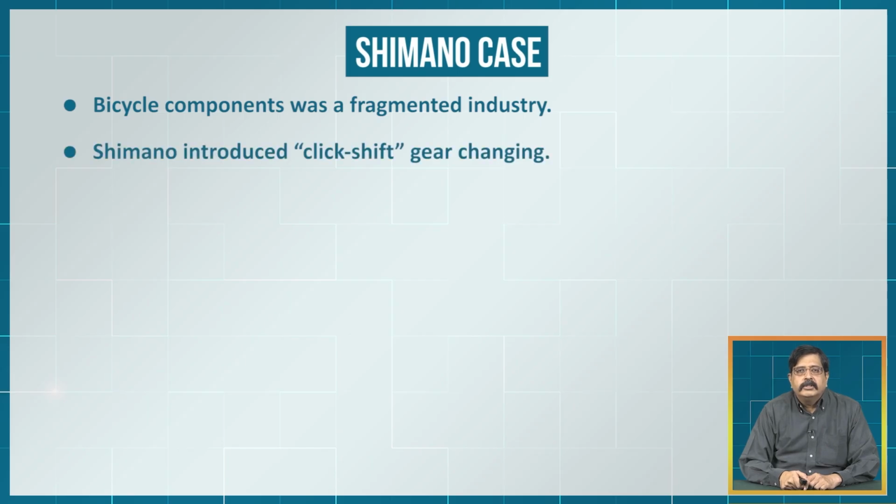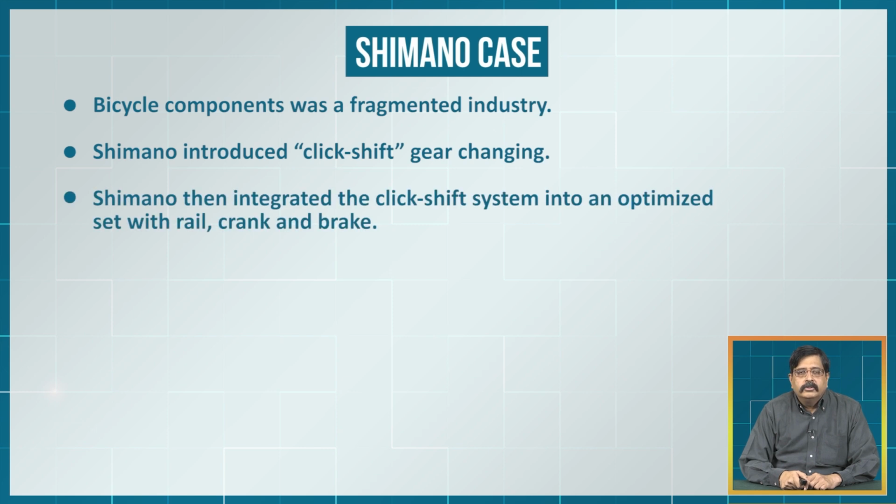Shimano was the one which introduced what is called a click shift gear changing system, which was actually a combination of multiple components. They also integrated the click shift system into an optimized set with the rail, crank and brakes also integrated into one compact kit which the manufacturer could buy.